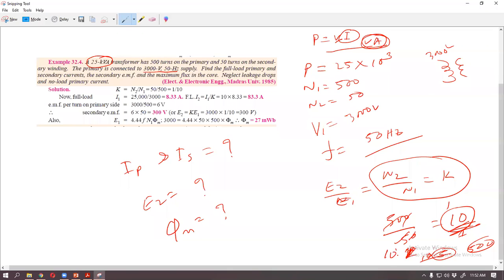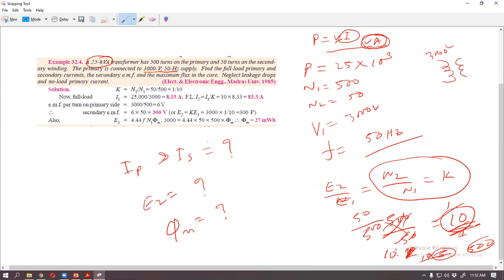N2 by N1 is equal to K, so 50 by 500, 1:10 ratio. Secondary by primary, 1 by 10.